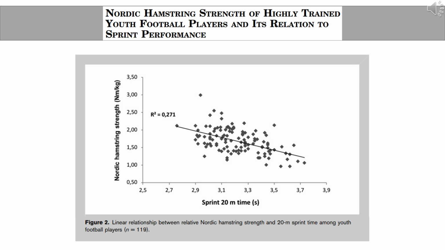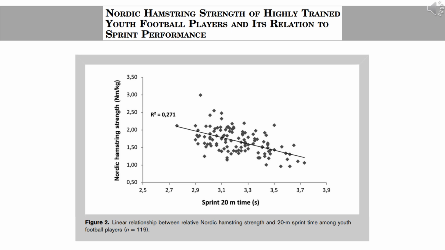So in this instance, we can see from the graph that in these 119 youth football players, the higher the Nordic strength value, typically the faster these players ran. Now, the R-squared value is only 0.271, but that gives us a correlation of about 0.52. So generally speaking, that's bordering on a moderate to large correlational value. So typically, it's more common than not that greater hamstring strength is associated with faster sprinting time.